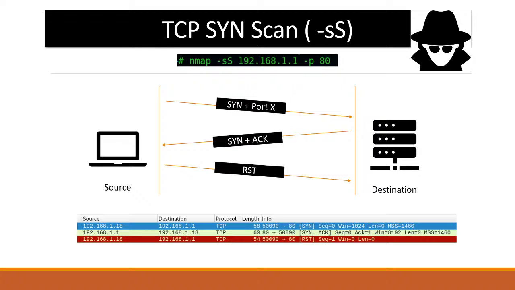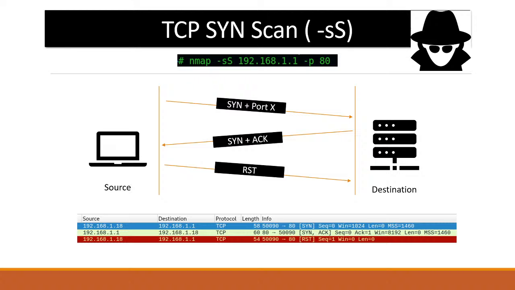TCP SYN scan is a stealth scan, you can say. Stealth scan means you don't establish a full TCP session because your goal is not to make a full connection. Your goal is to identify if a particular port is open or not, plus what service is running on that port. This is your goal basically.